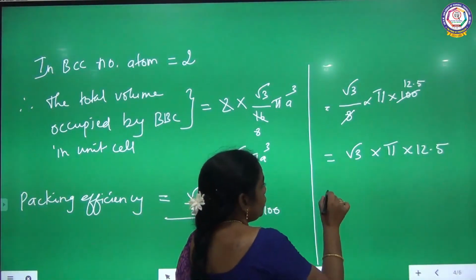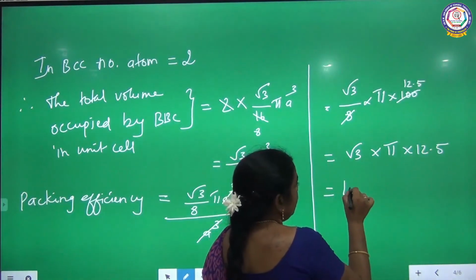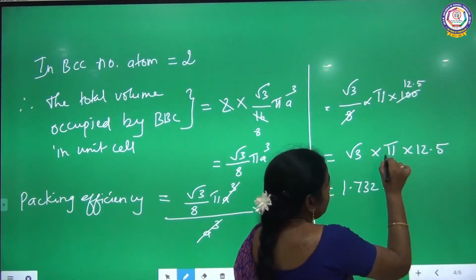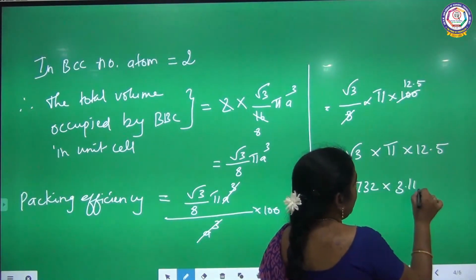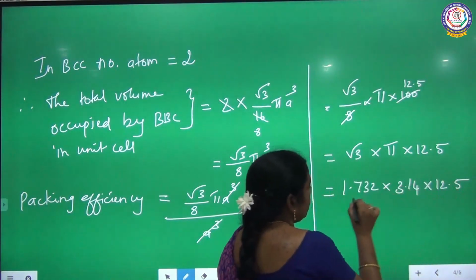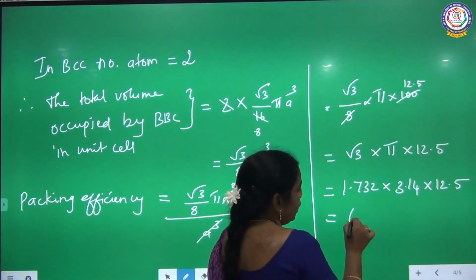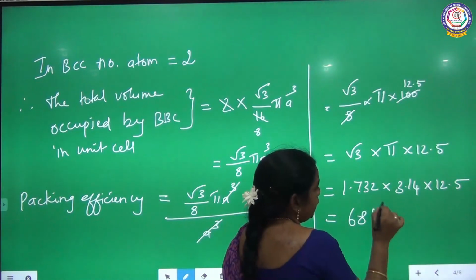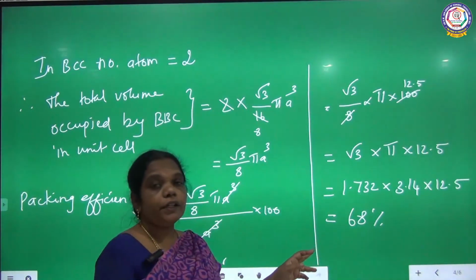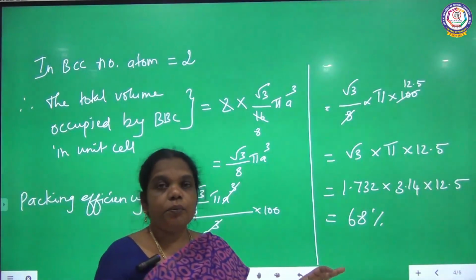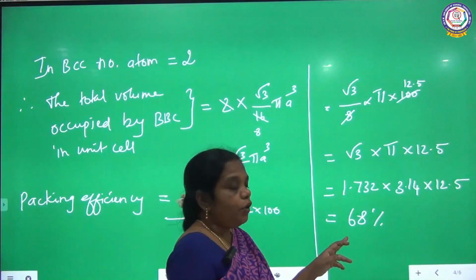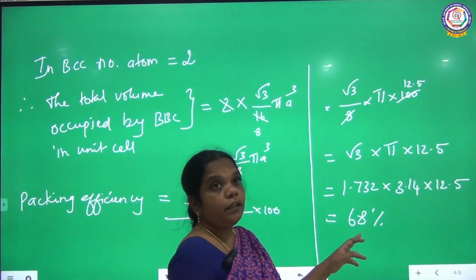So you substitute the value for root 3, 1.732, into 3.14 into 12.5. You multiply this and you get 68%.